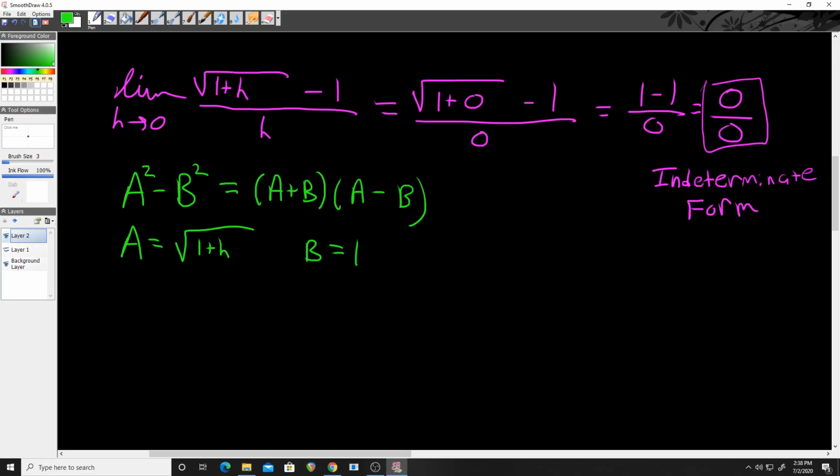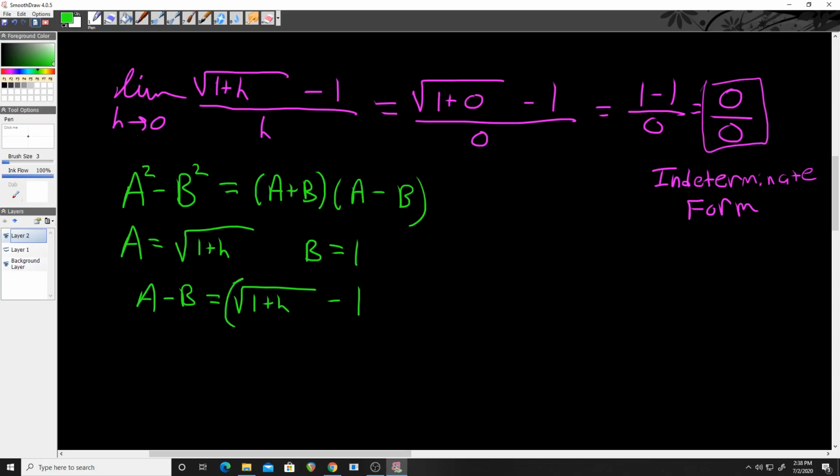So, look, a plus b. No, I'm sorry, not a plus b. A minus b is what I meant to do. Let me erase that. A minus b equals the square root of 1 plus h and then minus 1. And that's exactly what we have in our expression.